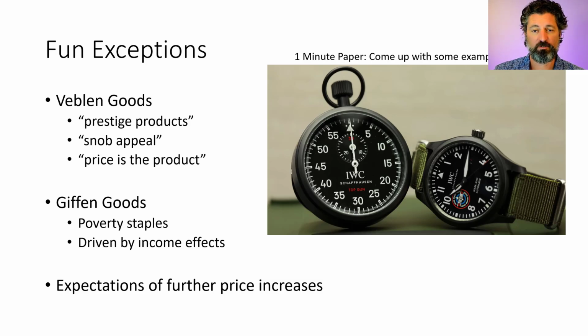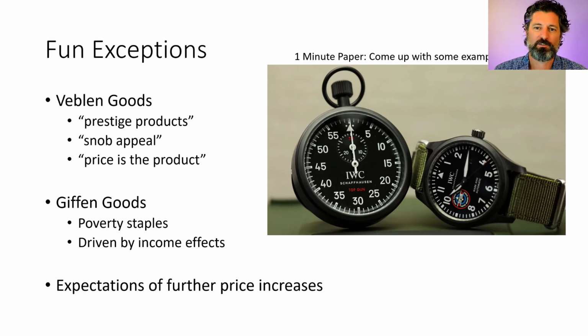People who were potato farmers became exponentially poorer. The price of potatoes went up, but they actually bought more of them because a potato was the cheapest staple food crop. Even though the price is going up, because it's the cheapest version of that thing, demand actually goes up.